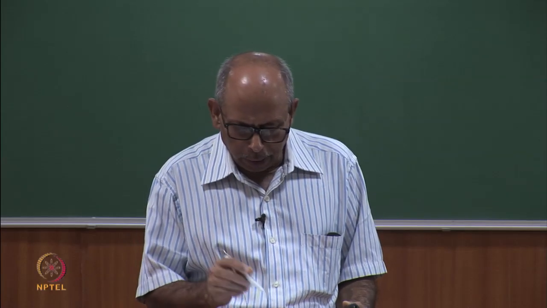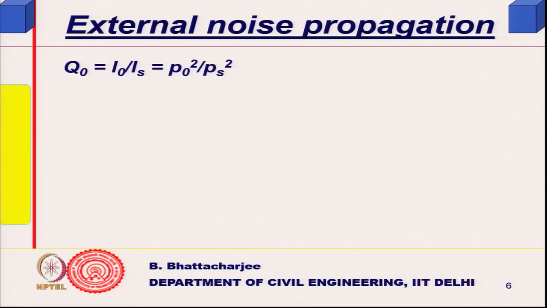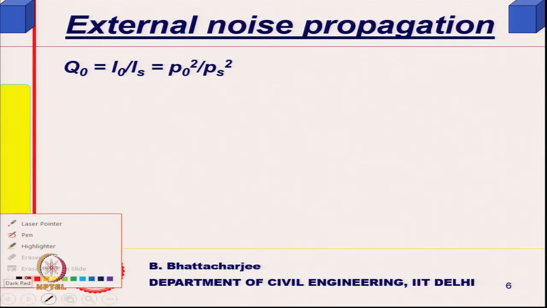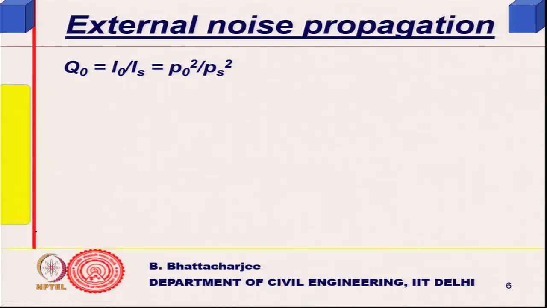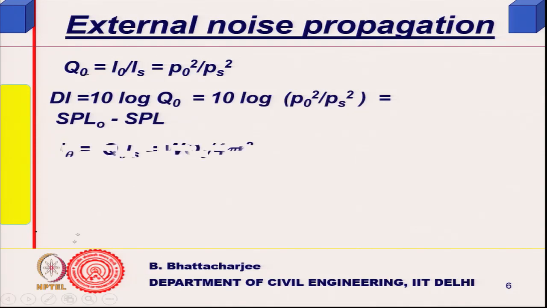So, we will continue with the external noise propagation that we are doing. Last class, remember, we said that at any direction theta, the directivity factor Q theta can be written as I theta by I s.